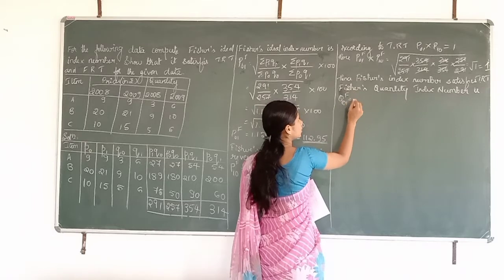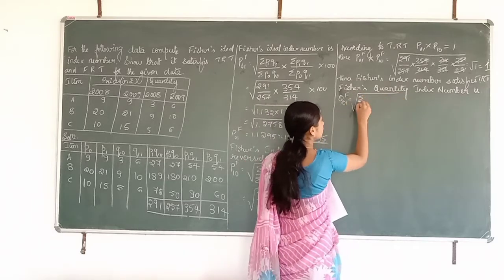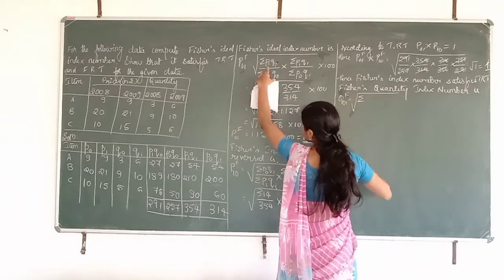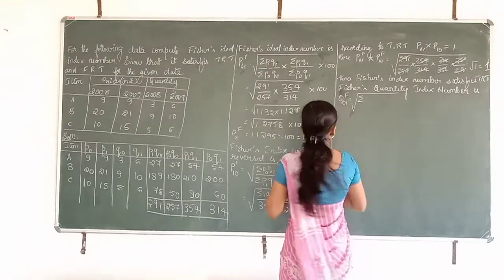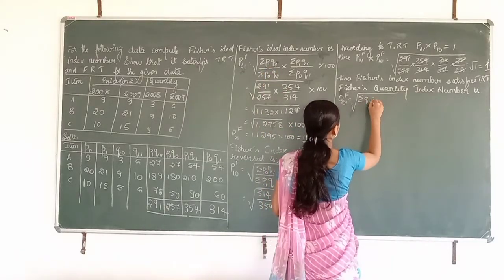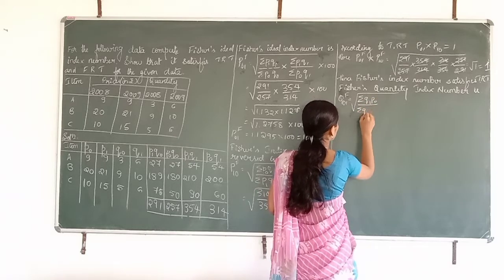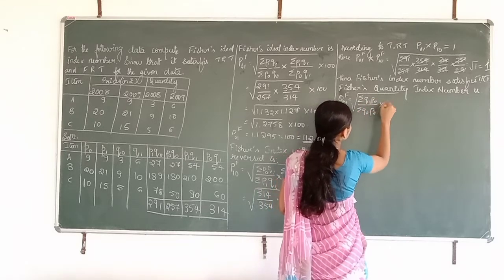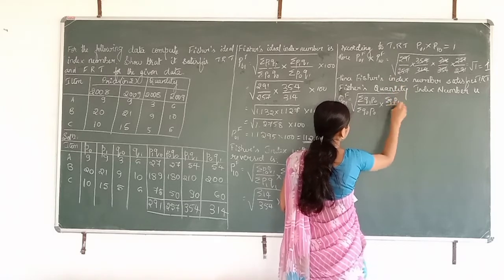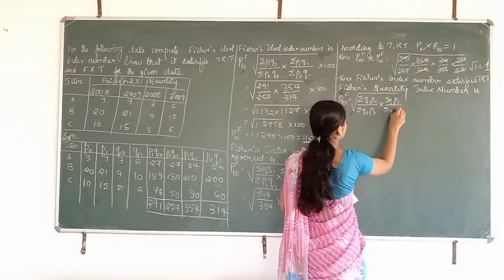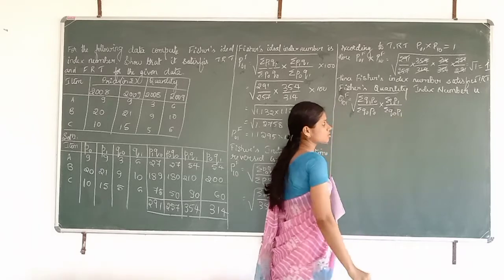Q01F is equal to square root of summation, in the place of P we are going to write Q, and in the place of Q we are going to write P. Summation Q1 P0 divided by summation Q0 P0 into summation Q1 P1 divided by summation Q0 P1. So this is the quantity index number.